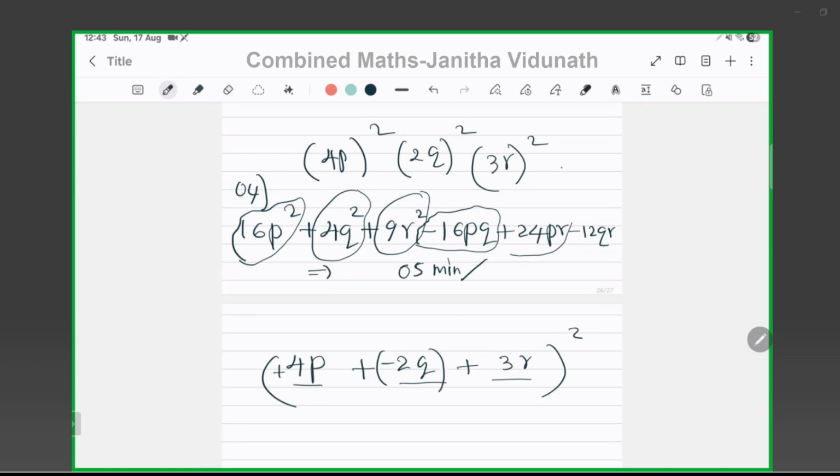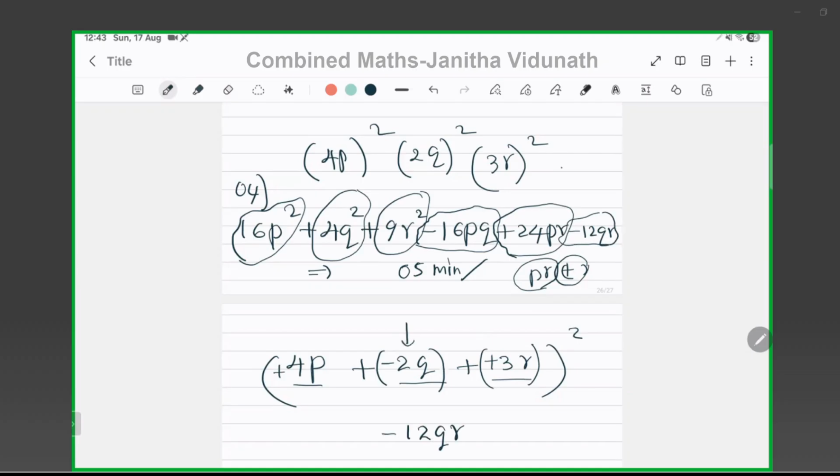If we look at this term, here the pr term is positive. That means since p is positive, r should be a positive value to make the final product positive. Then if we further look at the last term, here we get minus 12 times qr.